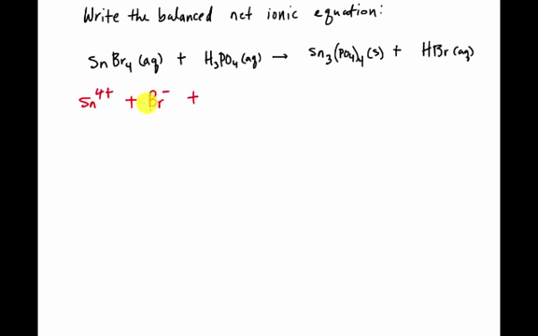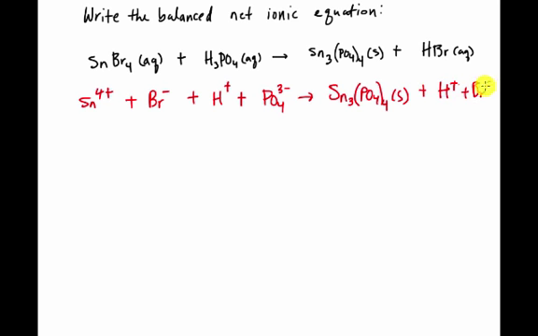This is a good way to practice and remind yourself what the charges are in each of the individual substances. Hydrogen ions, phosphate ions. Then you have tin 4 phosphate, and that's my solid. So I'm going to keep that together, and then H plus and Br minus.